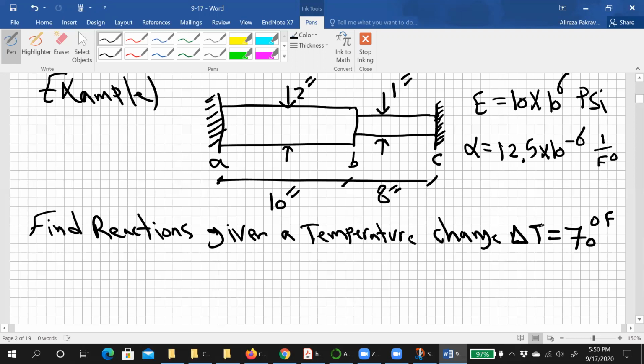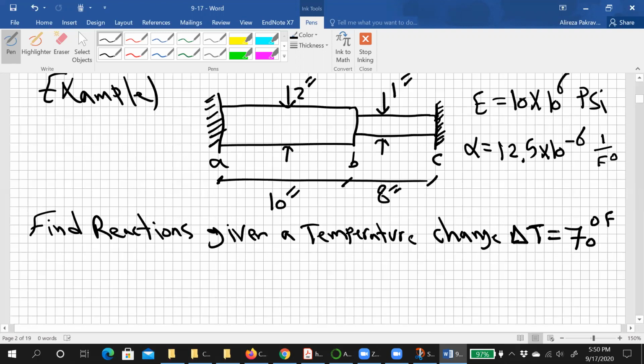So delta T is 70 degree, okay? So before, okay, we need, how many segments do we have? Two. 2 segments, the diameter is given.